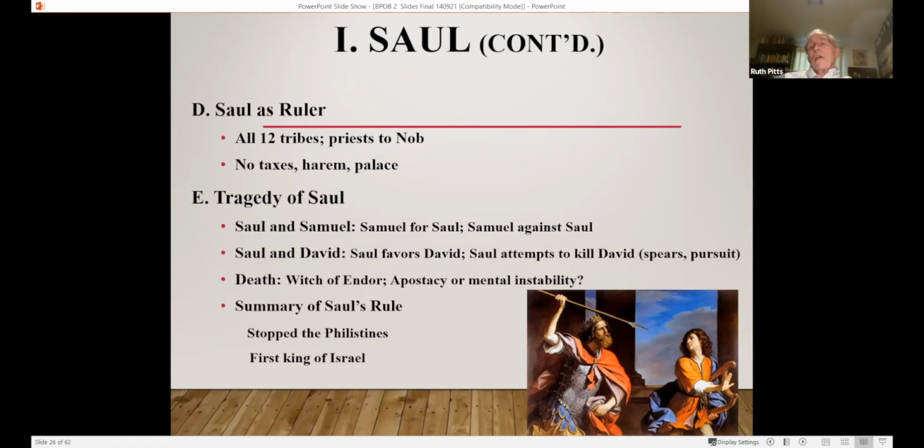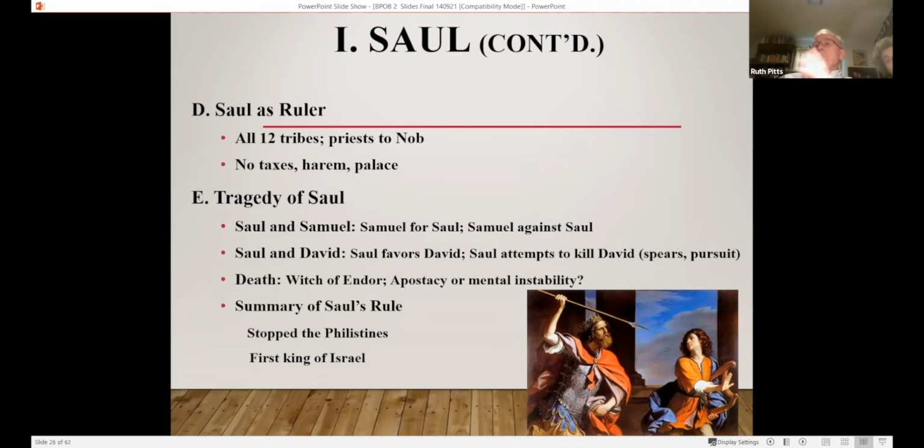Then near his own death, he appeals to the witch of Endor. Interestingly, he had already ruled out necromancy, which means consulting the dead. But the word came to him that he would die in that battle. So does this represent apostasy, which means falling away from your faith, or is it mental instability?